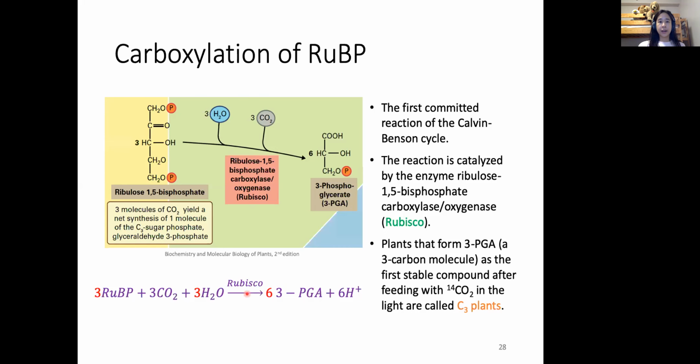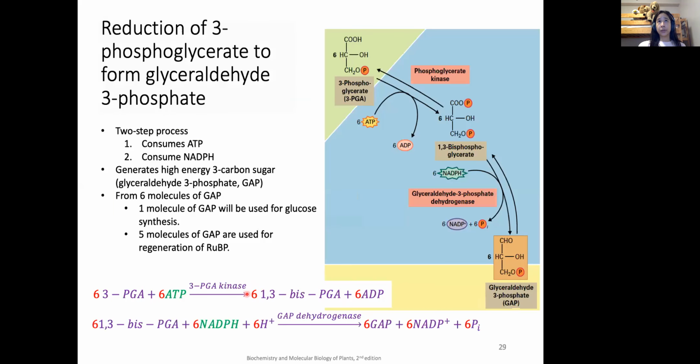All right, so let's go to the reduction phase. The reduction phase is composed of 2 steps. The first one is consuming ATP. The second one consumes NADPH. ATP will provide energy and also the phosphate.